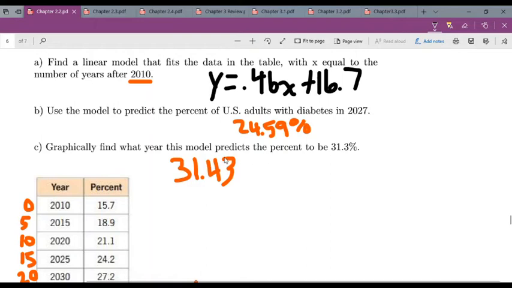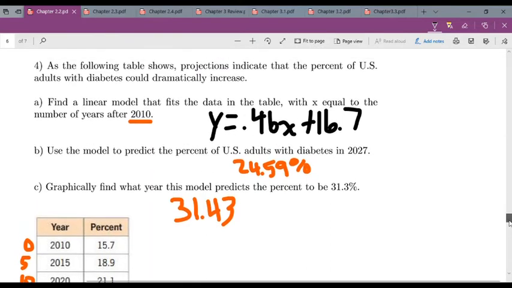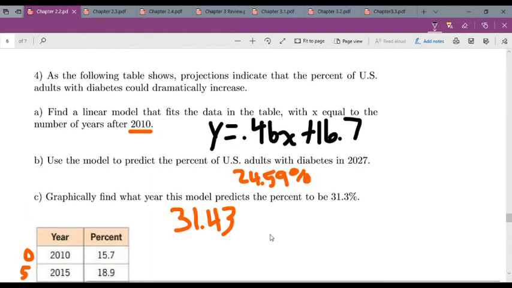Graphically find which year the model predicts the percent to be 31.3%. What we found for it was year 31.43. Okay, we need to round that down because this 4 here tells us to round it down. I rounded to year 31. We're looking at years past 2010, so I need to take 2010, add 31 to it, and that'll be the year in which it occurred.